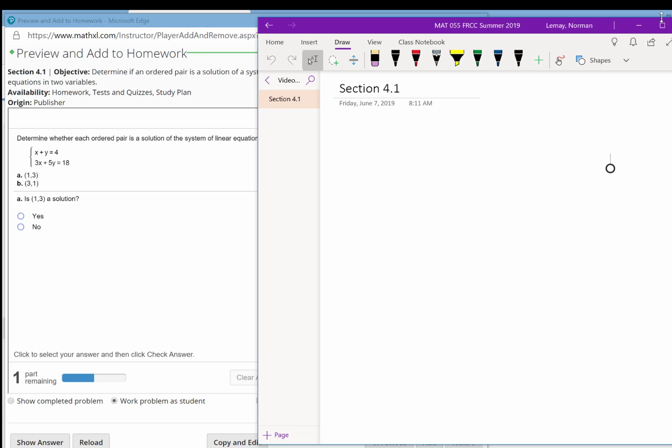If I substitute into the first equation, x plus y equals 4, then I get 1 plus 3 equals 4, and notice that 4 is equal to 4, so that one works.